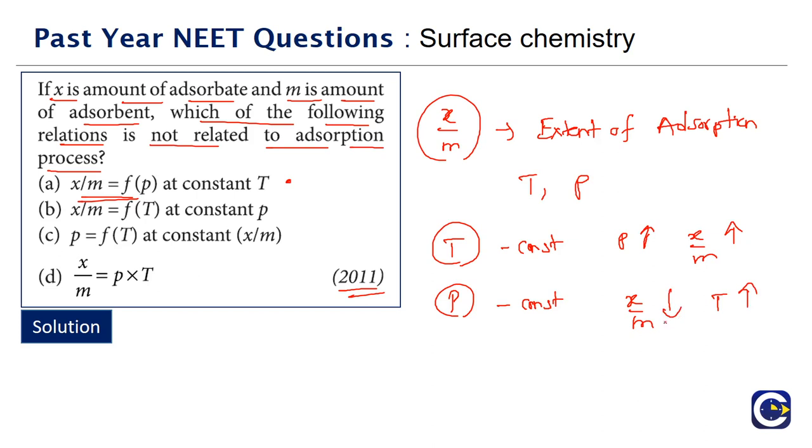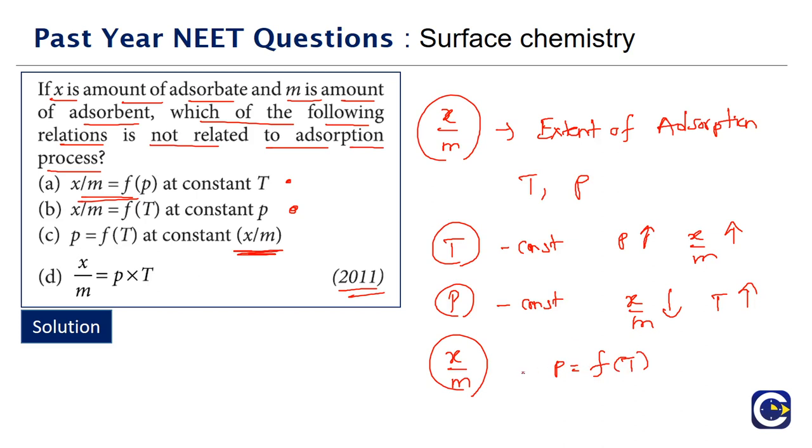At high temperature, the extent of adsorption will be lesser, and the second one is also appropriate. Third is saying that for constant x by m, if you want to maintain the extent of adsorption constant, the pressure and temperature will both be related.